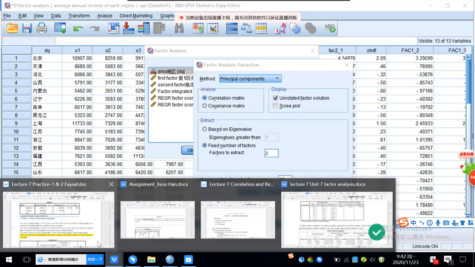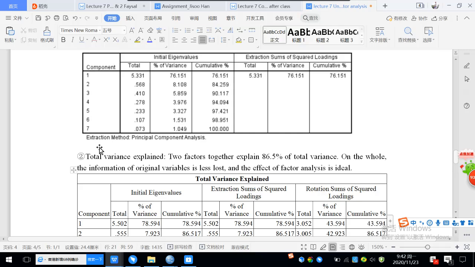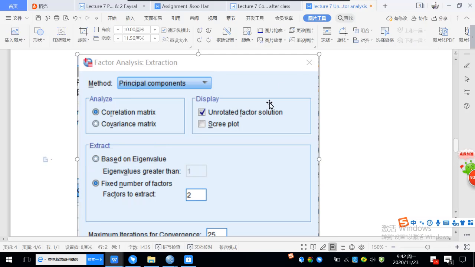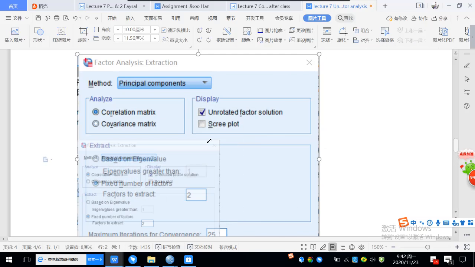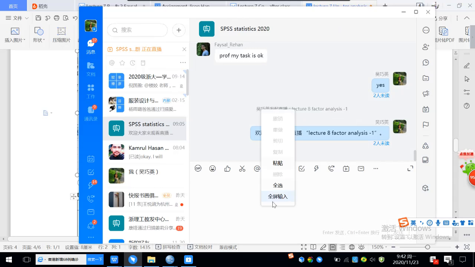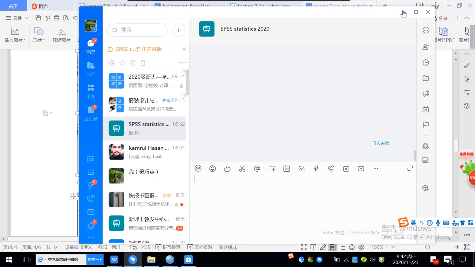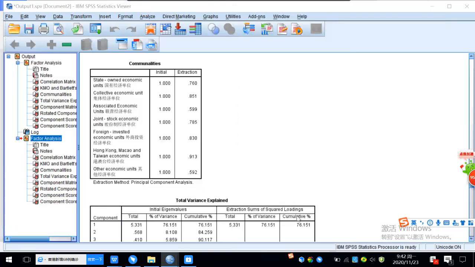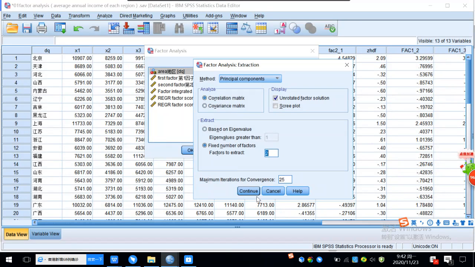So I want to change, and then let's look at the output.